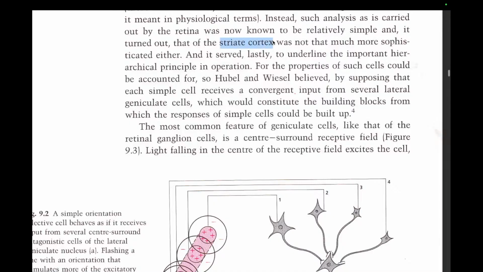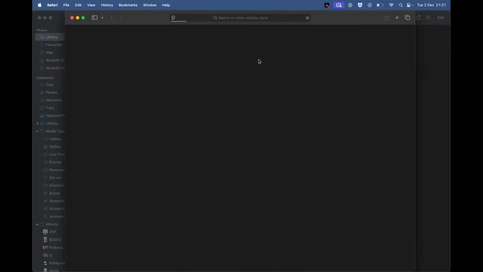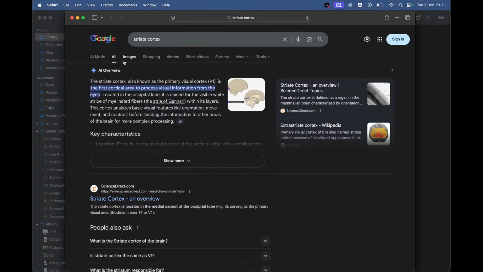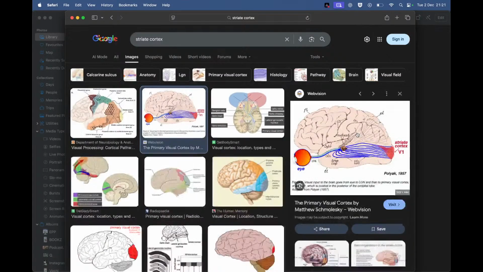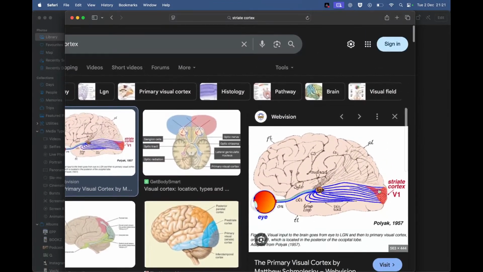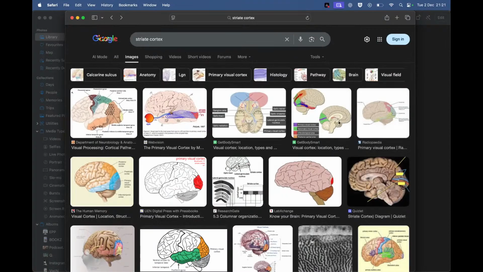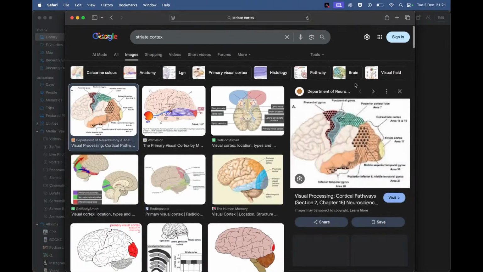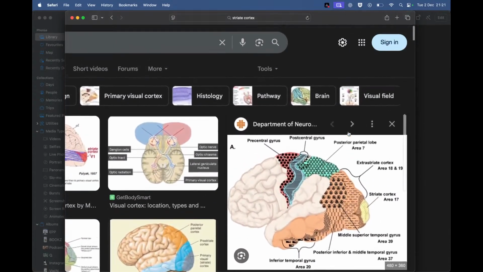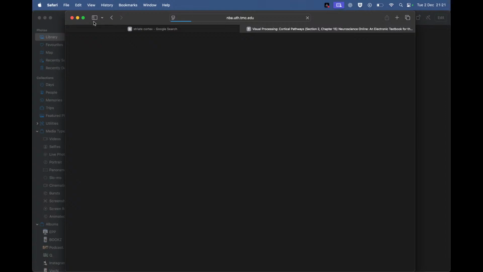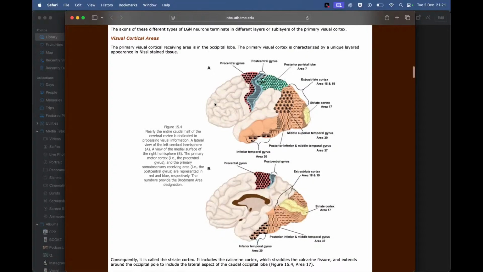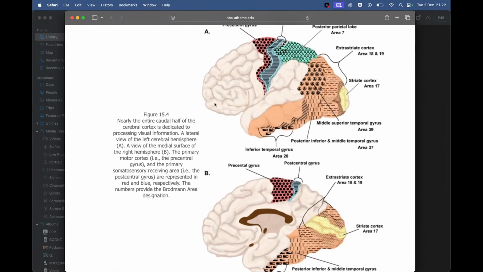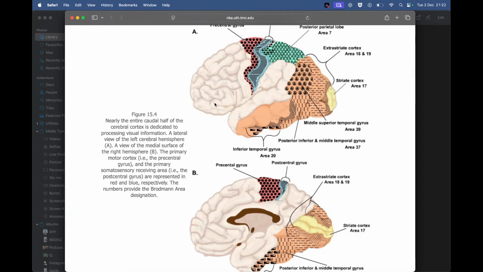Striated cortex is a thing near the temporal lobe, or just behind the temporal lobe, I think. Striated cortex, yeah. This V1, V2 area, that's correct, yeah. Here we go.